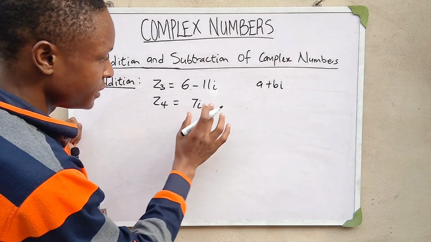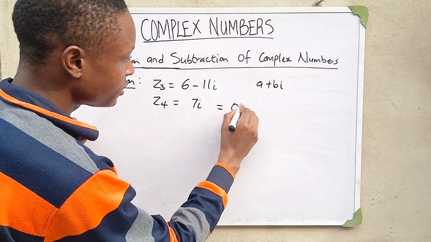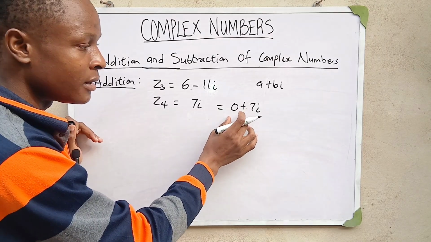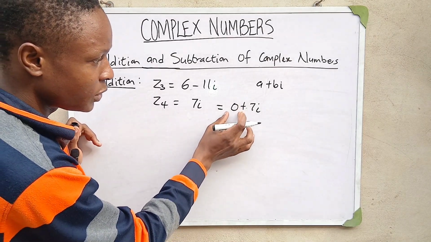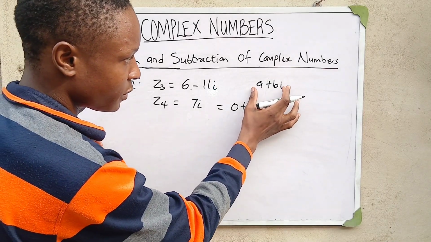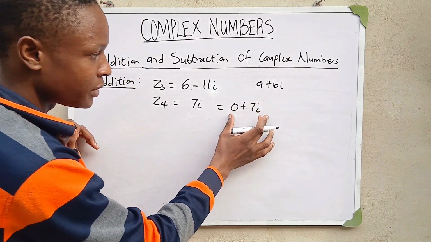If we put a to be 0 here, we'll have 0 plus 7i, and 0 is a real number, making this the real part and this the imaginary part. So we have been able to put it in the normal format of a complex number. So we have 0 plus 7i.